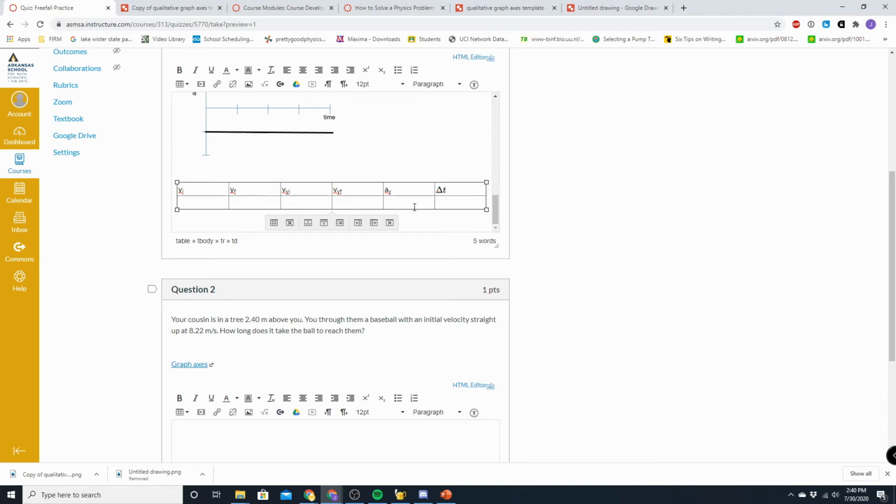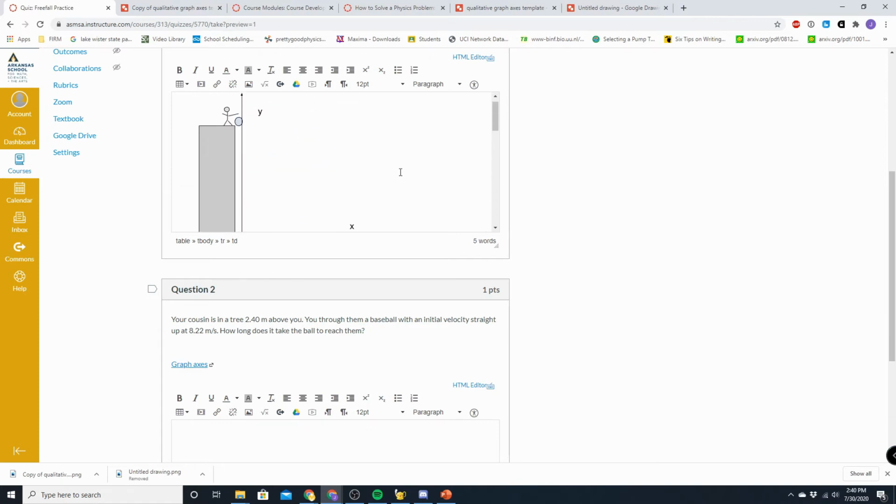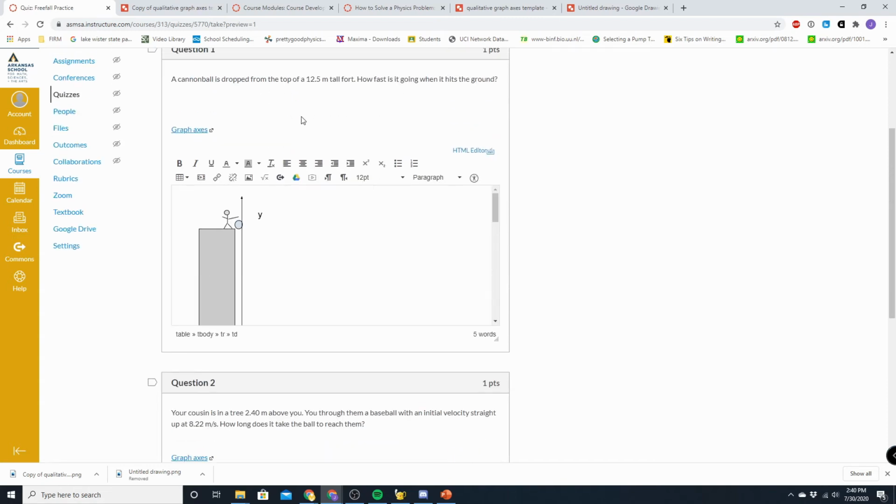Okay, we're going to think about each of these values, whether we know them or whether we need to put a question mark because we don't know them. So let's look at our diagram and our problem. When the problem starts, we are 12.5 meters high.